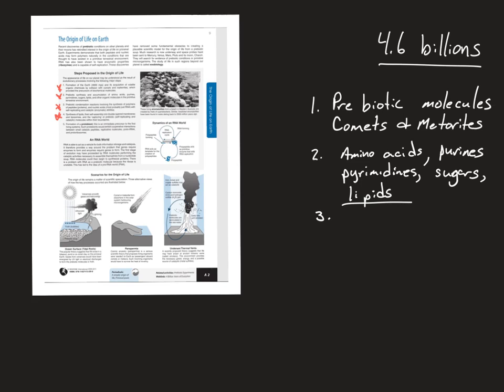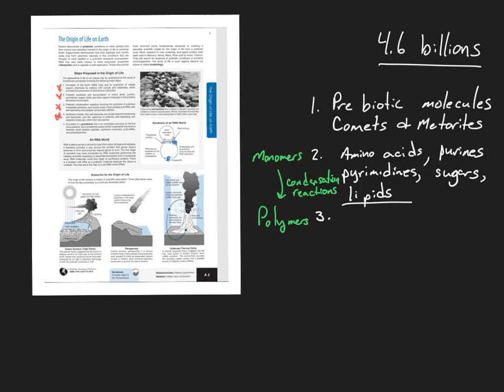So 3, the prebiotic condensation reactions. Remember, condensation reactions is when water is formed as you link these monomers. These are what we call the monomers, right? And these are the polymers. And you use condensation reactions to make them.